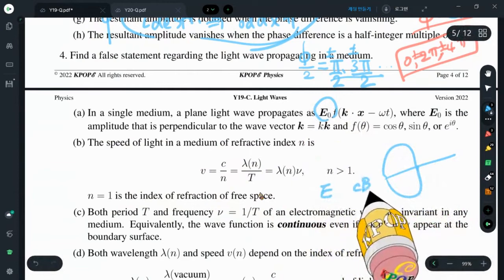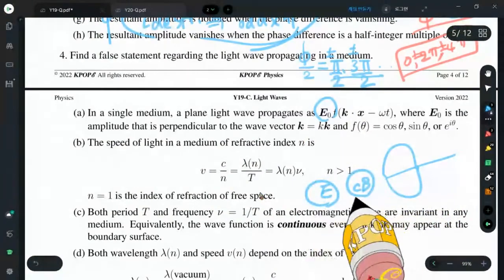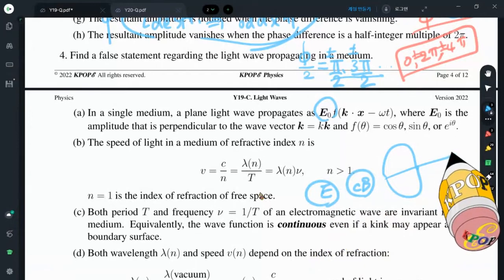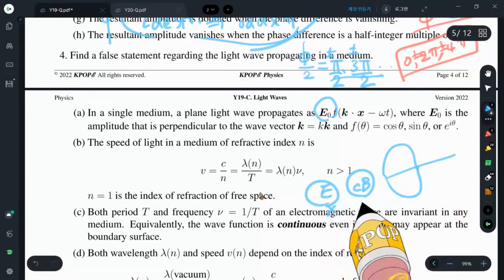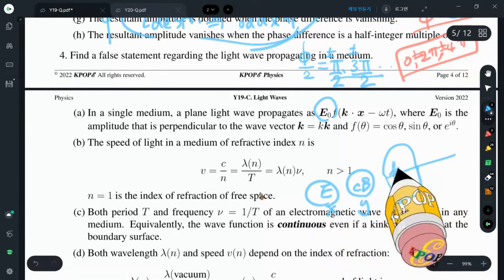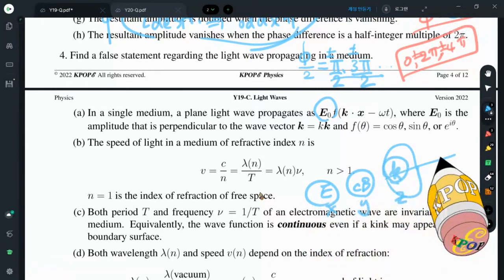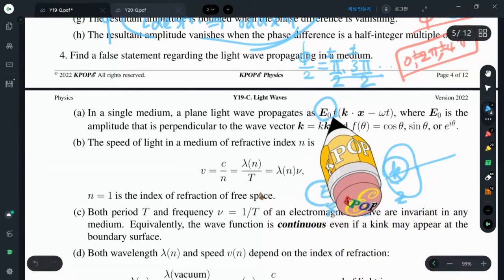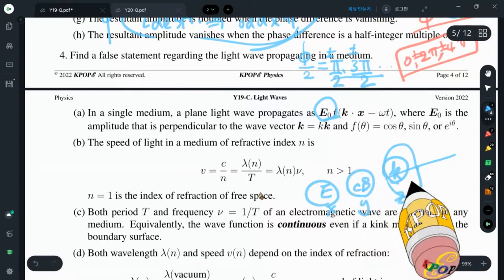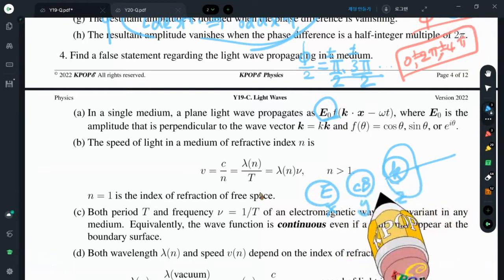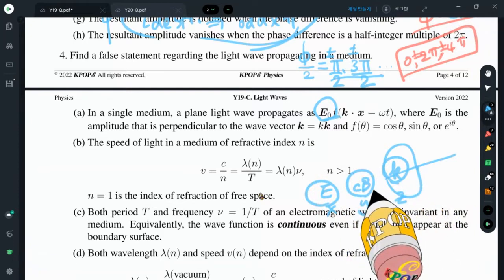E and cB are in equal magnitude, and the directions are completely determined as the x, y, and z axes, where k behaves like the z axis. So it is sufficient to consider the electric field. The remaining pieces are completely determined automatically due to Maxwell's equations.